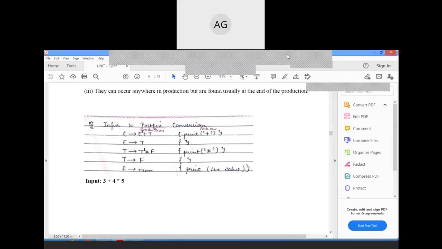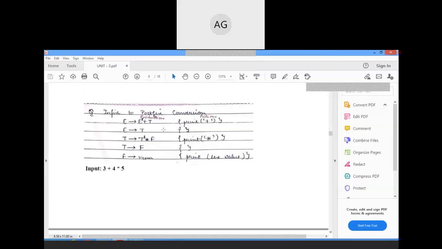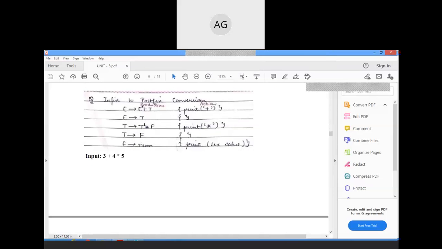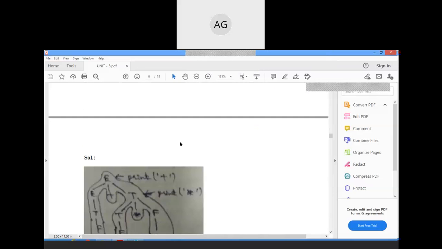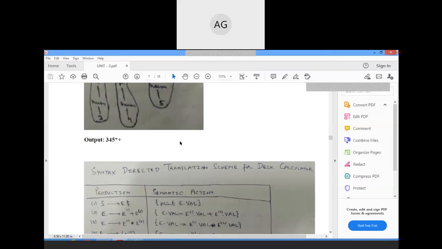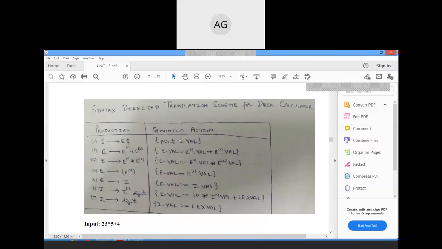You already studied this conversion in data structures and algorithms, but in compiler design we can also do it using semantic analysis. We solved this numerical in the last class. Now in today's class we are going to take another numerical based on semantic analysis.